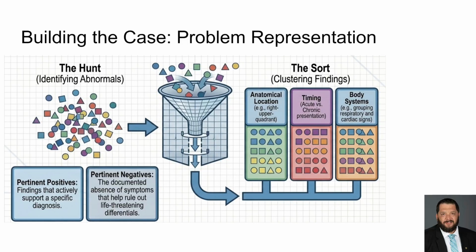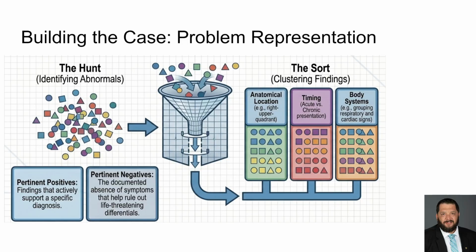For example, if a patient tells you that they have shortness of breath on exacerbation when they walk about, that is a positive finding. That shortness of breath is a positive finding, and it's pertinent to where they are. If they tell you that they don't have shortness of breath when they're at rest, that's a pertinent negative. They do not have the symptom at this particular point in time.